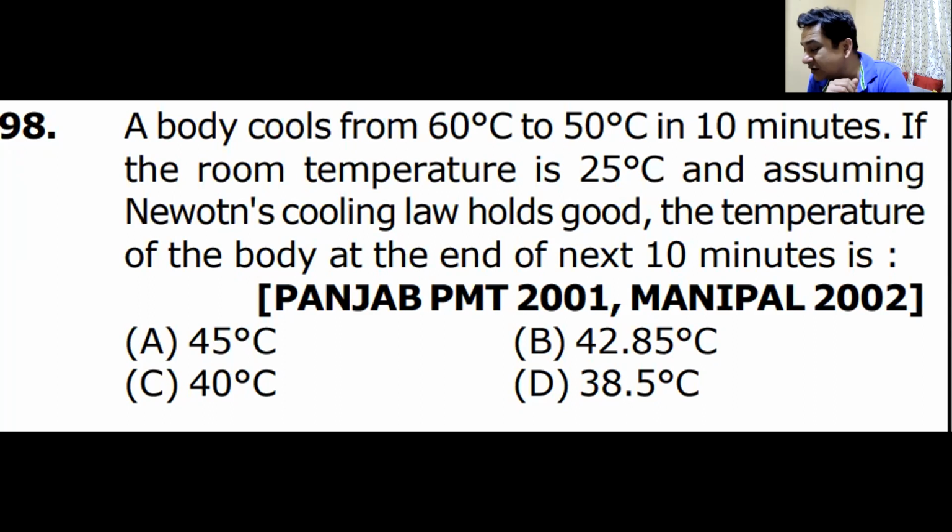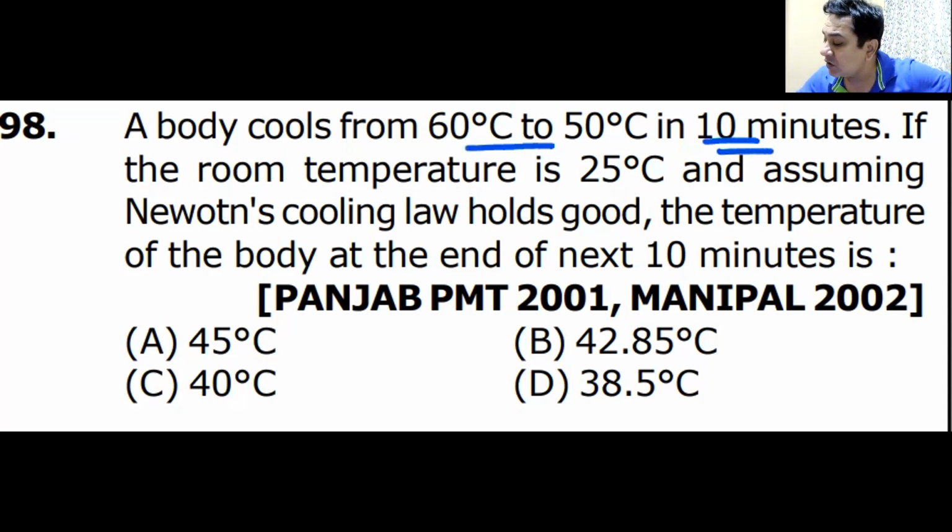Now, looking at the question, can you vote out some options that are not possible? Are there any options which are not possible? Well, if you can't think which options are not possible, I would suggest that you solve the question and get your answer. That is not a problem. But you can very well say which options are not possible.